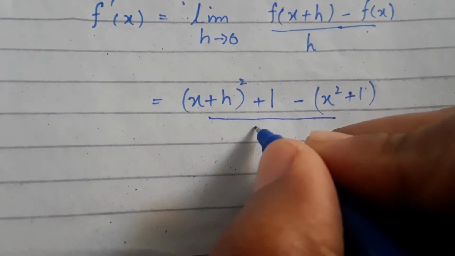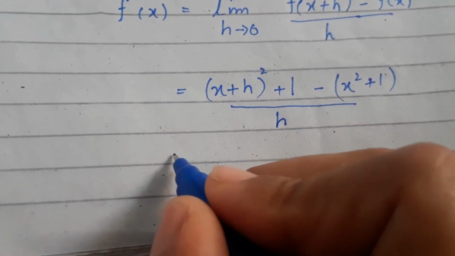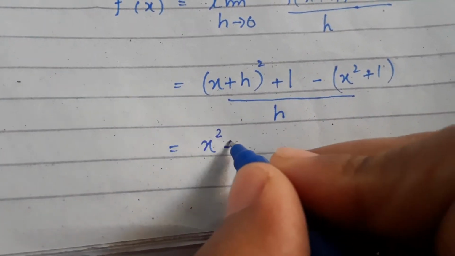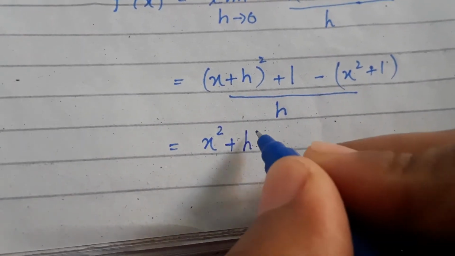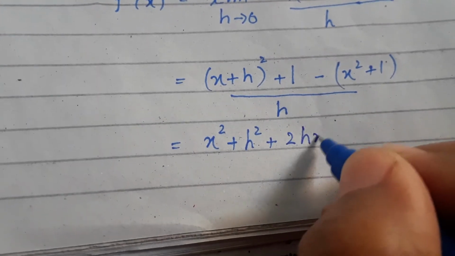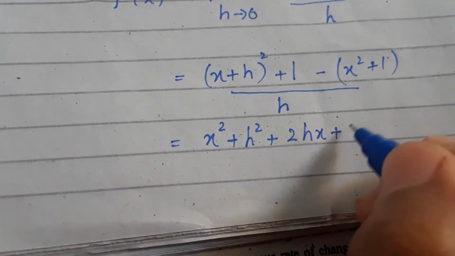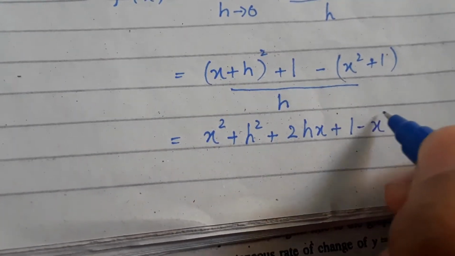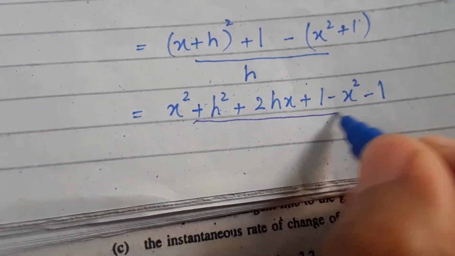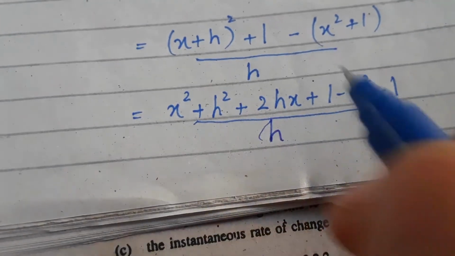divided by h, which is equal to x squared plus h squared plus 2hx plus 1 minus x squared minus 1 divided by h.